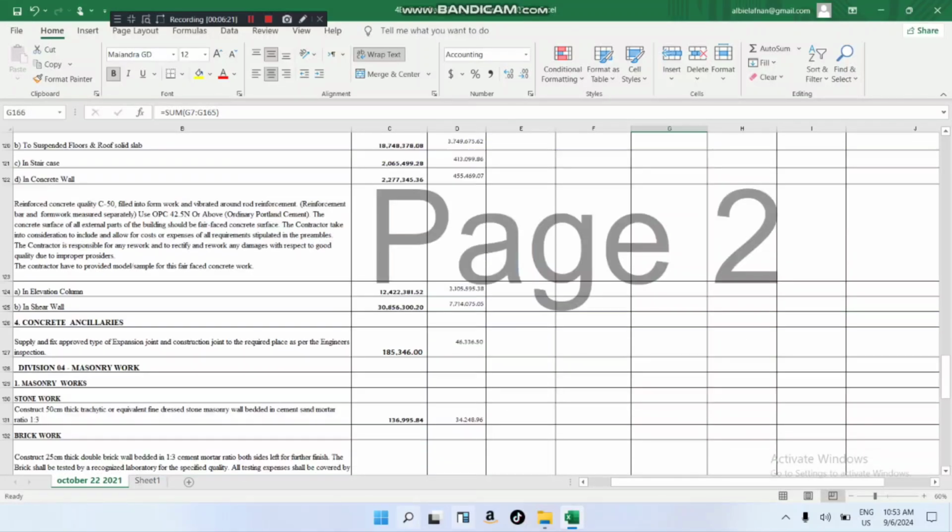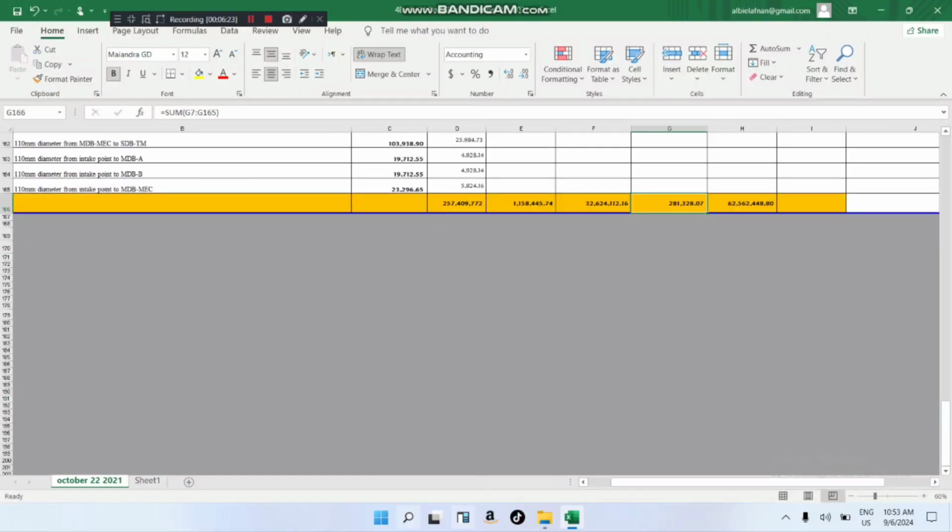It's here, it's less. Wrong, 158. This is good compared to the planned up to date and executed up to date.